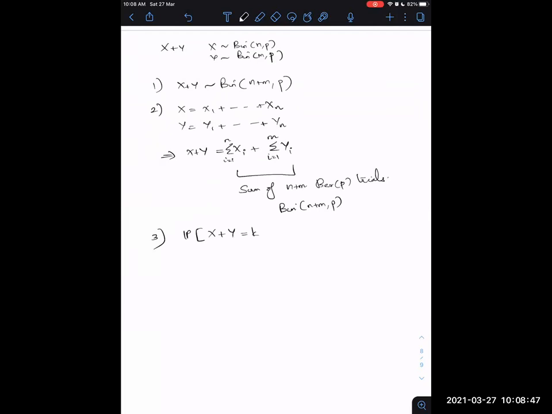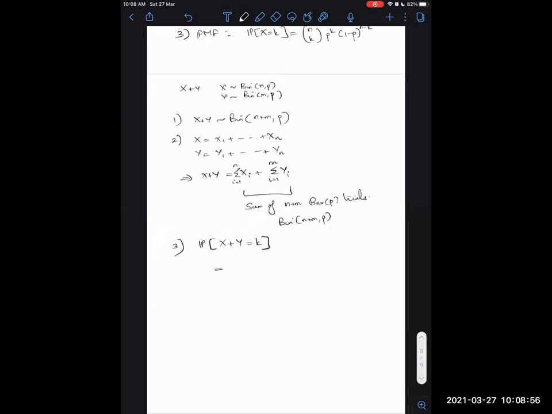So this is the third method, probability that x plus y is equal to k. Now we have conditioning to the rescue again. So what you do is you assume that you know the value of one of the random variables. So what you need to calculate is x plus y. Now seeing x plus y together is kind of complicated and you don't know what to do. So let's just fix x to be j for now. Okay.